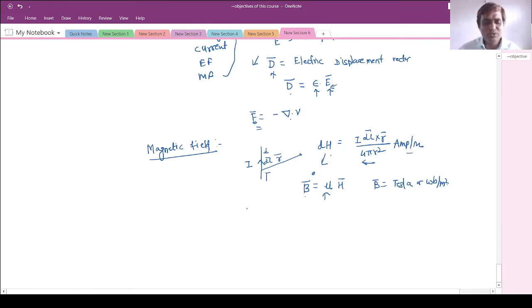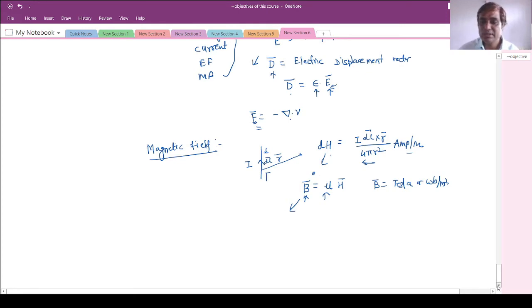Basically, it gives me the density of magnetic lines of force at a particular location. Basically, magnetic field is the force experienced by magnetic charges, or let me call them magnetic poles, if placed in the vicinity of current. So this is regarding the magnetic field.